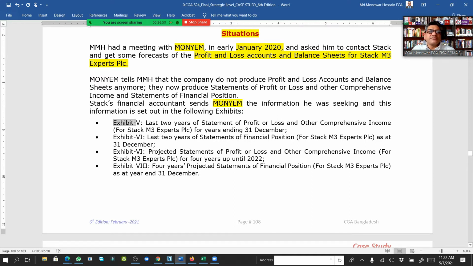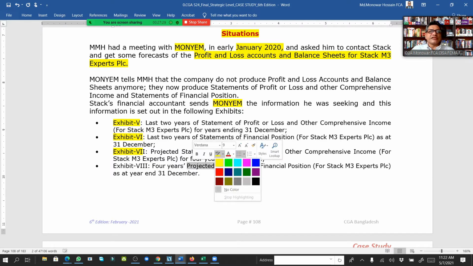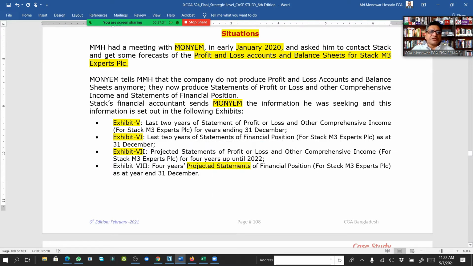Exhibit 5 shows the last 2 years' statement of profit and loss and comprehensive income for the year ended 31st December, and the exhibit here shows the last 2 years' statement of financial position. Exhibit 7 is the 4 years projected statement. That was the requirement of Mr. Monim, finance director.